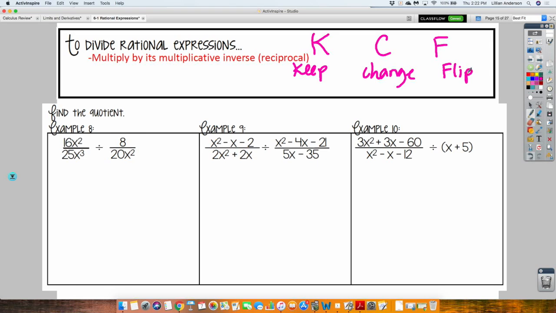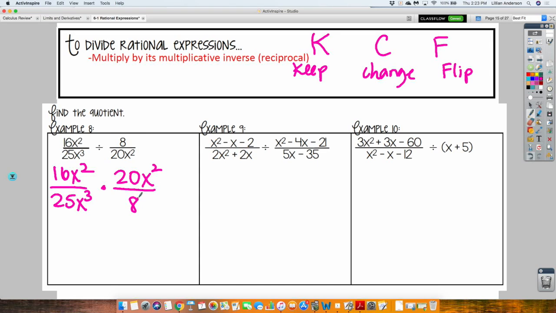And then it pretty much turns into just multiplying. Okay? So I'm going to keep, change, flip. That second fraction gets flipped. That was crucial.